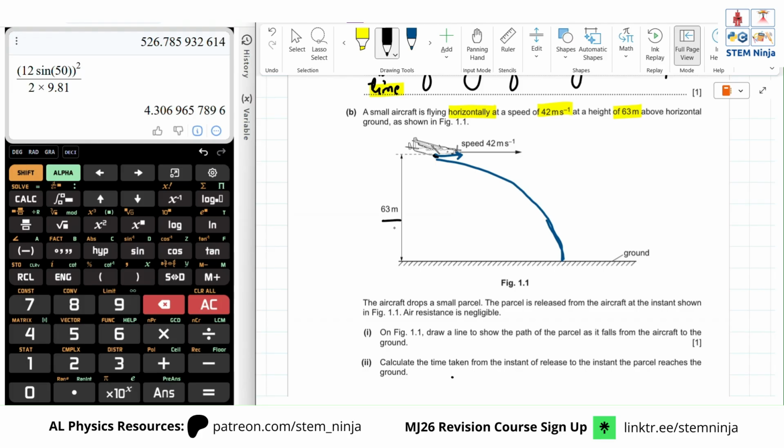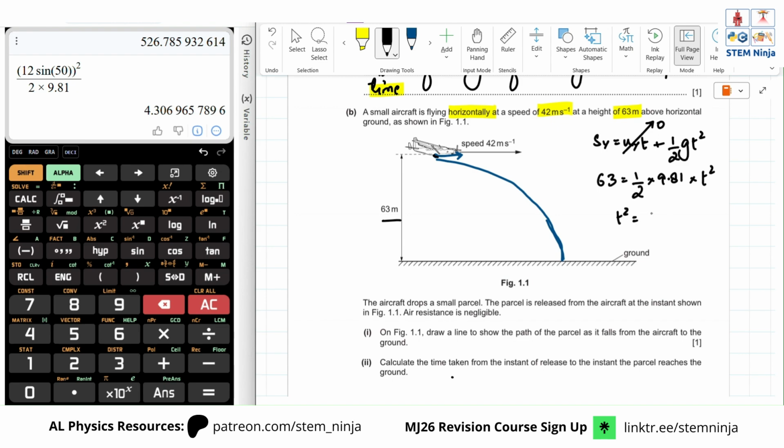So we have the net displacement over here, Sy equals Uy t plus half g t squared. Uy is going to be 0 because initial vertical velocity would be 0. So 63 equals half times 9.81 times t squared.